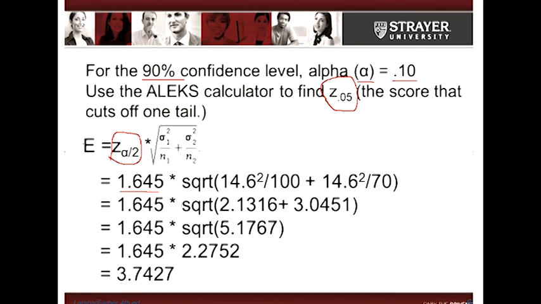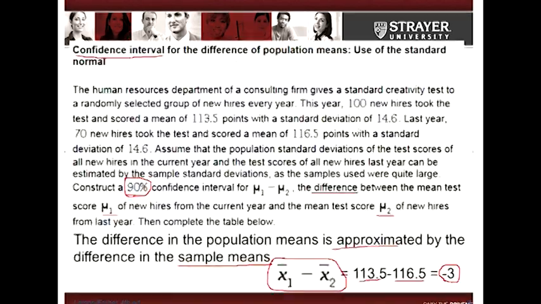Times the square root, where the first standard deviation was 14.6, and the second standard deviation was 14.6. The first n was 100, the second n was 70.